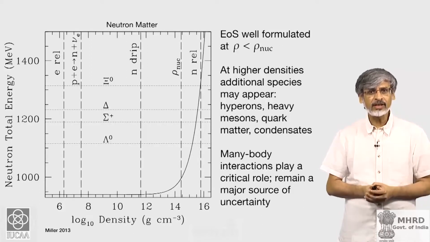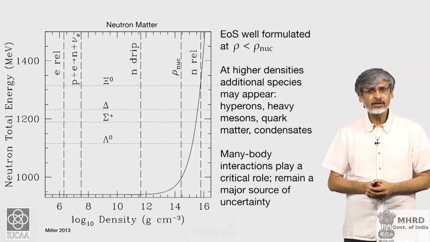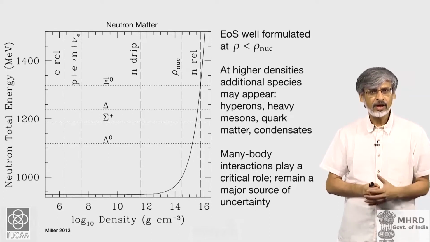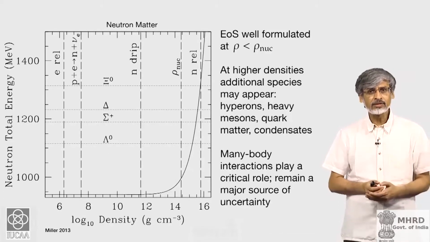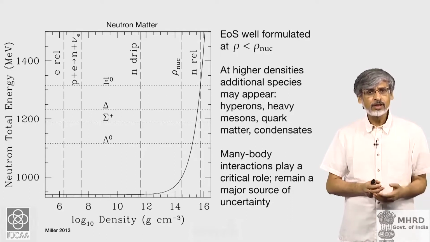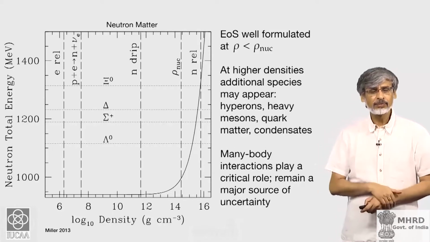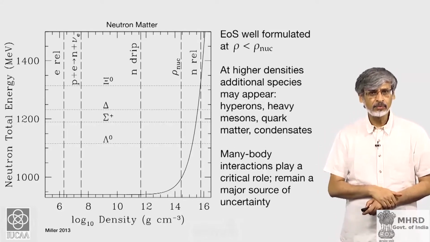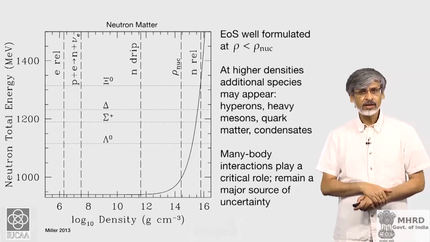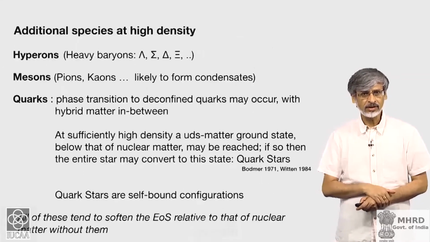Now, the material is so dense, many body interactions play a critical role, and computing these many body interactions still remain a major source of uncertainty. So, these are a few reasons why the equation of state has still remained uncertain.